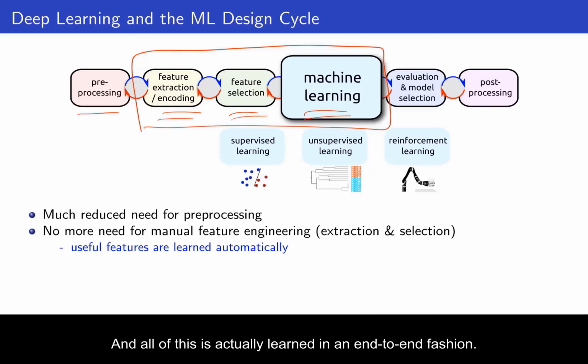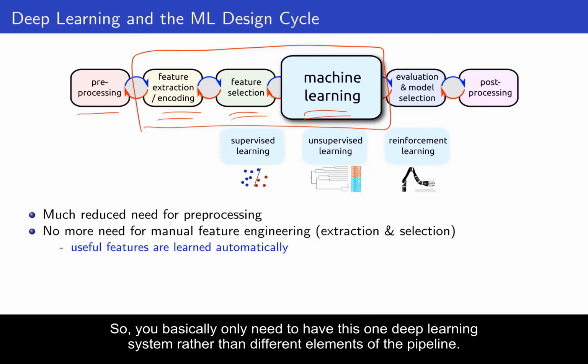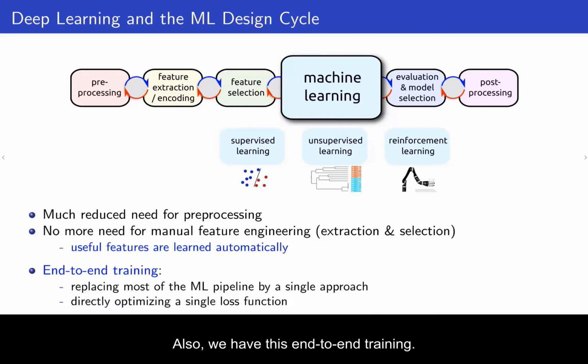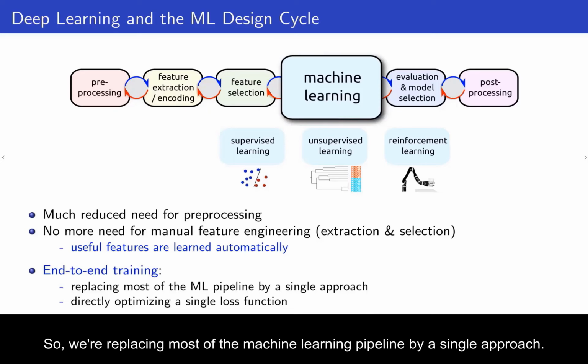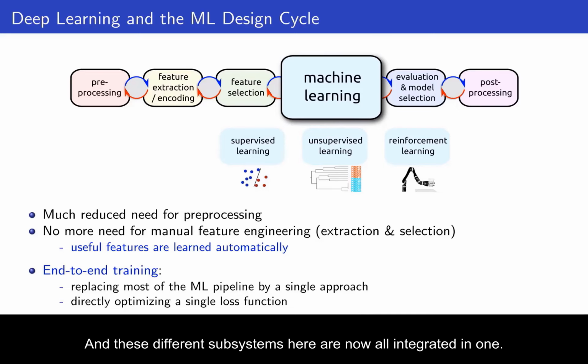And all of this is actually learned in an end-to-end fashion. So you basically only need to have this one deep learning system rather than different elements of the pipeline. Also, we have this end-to-end training. So we're replacing most of the machine learning pipeline by a single approach. And these different subsystems here are now all integrated in one.